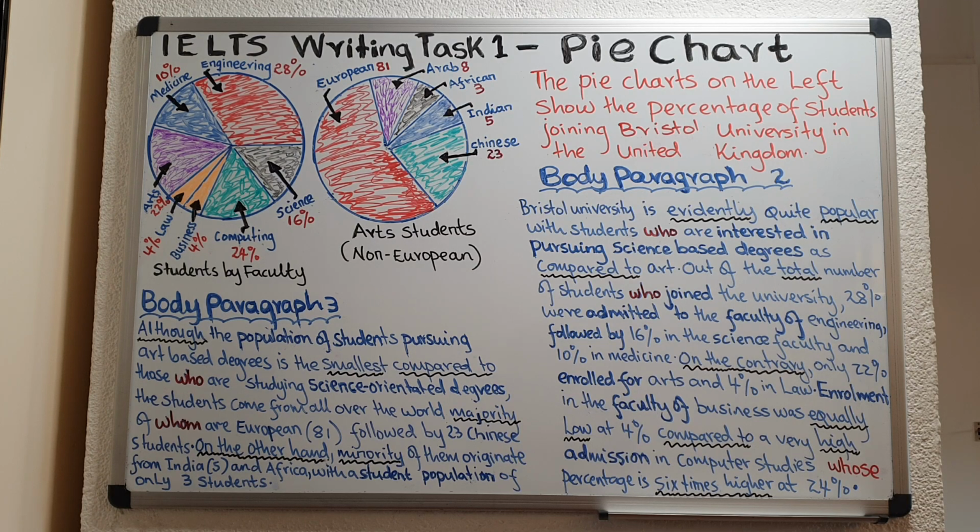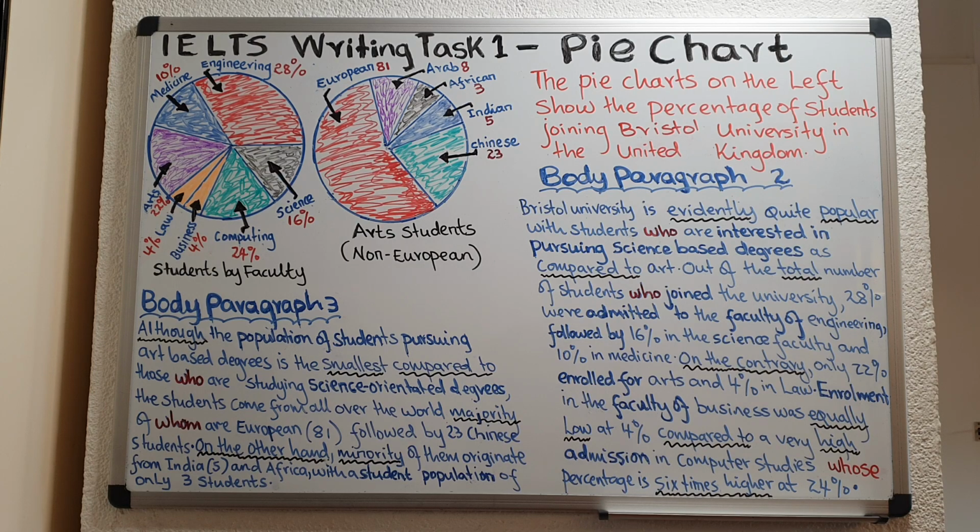However, remember also that when you move on to body paragraph 3, you have to begin the body paragraph 3 by comparing it to body paragraph 2. Okay, and remember, I did that by pointing out, although the population of students pursuing art-based degrees is the smallest compared to those who are studying science-oriented degrees, the students come from all over the world.